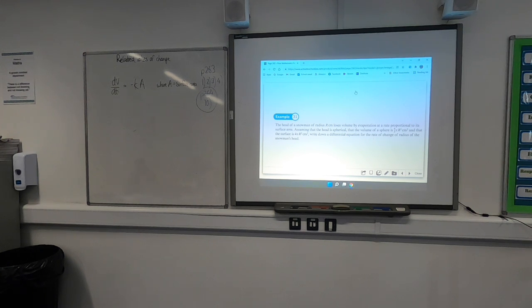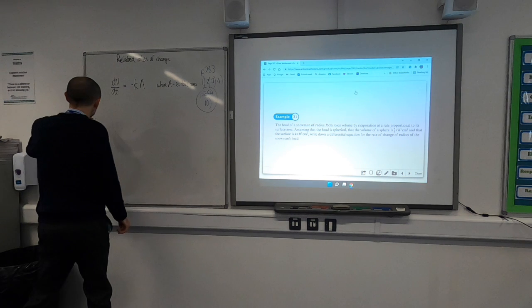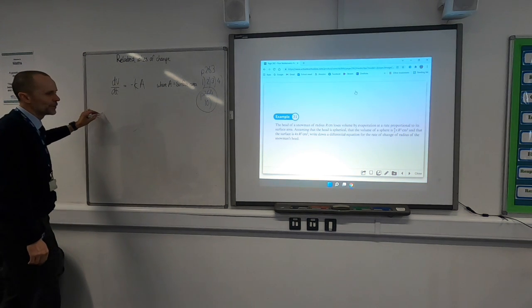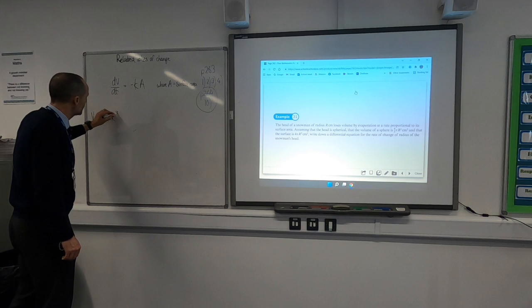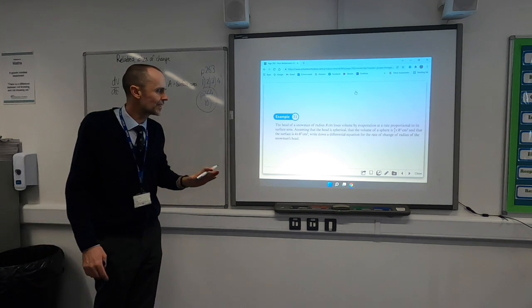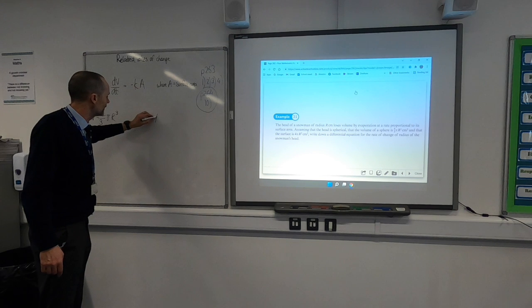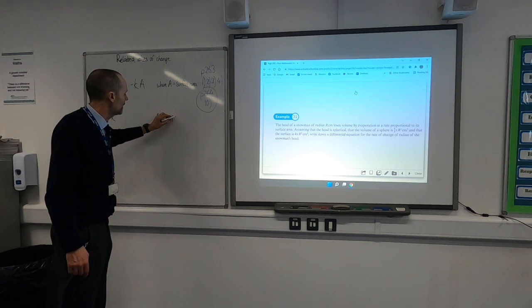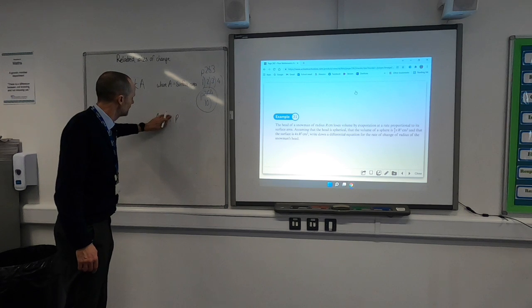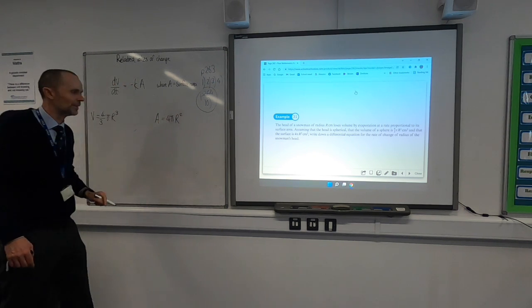We're then given some formula, like in the first examples. We're told the volume of a sphere is equal to 4/3 pi r cubed, where r is the radius, and the surface area, which I've called A, is equal to 4 pi r squared.